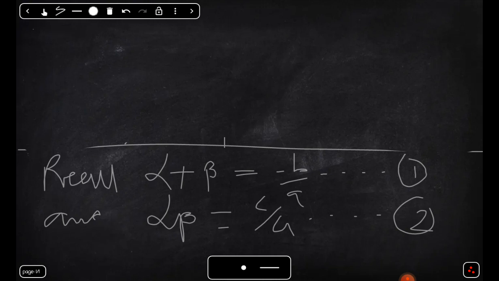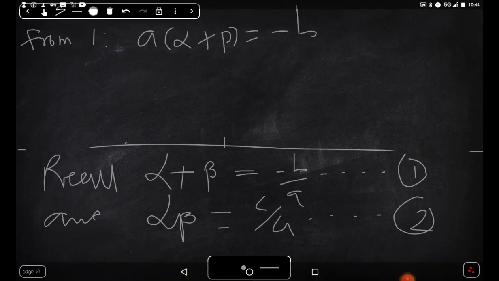From equation 1, we notice something. In order to get b, we distribute a, so that a into alpha plus beta is equal to minus b.